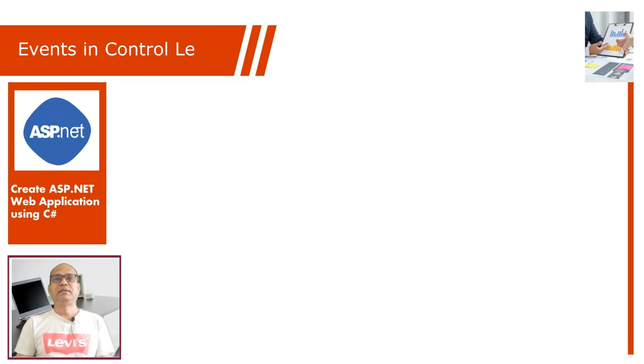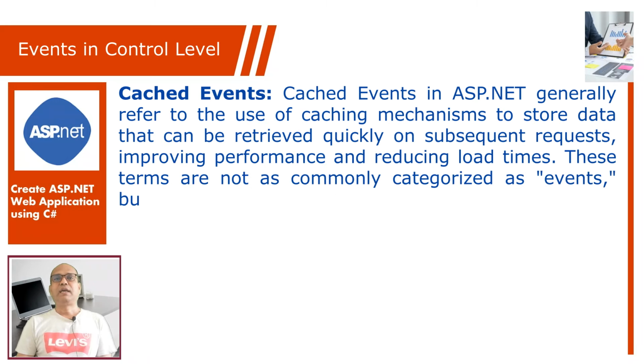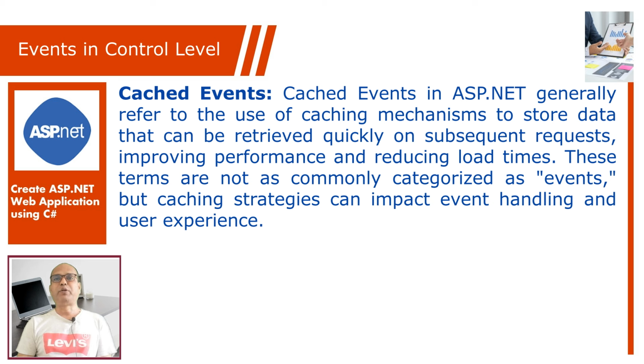Cached events. Cached events in ASP.NET generally refer to the use of caching mechanisms to store data that can be retrieved quickly on subsequent requests, improving performance and reducing load times.